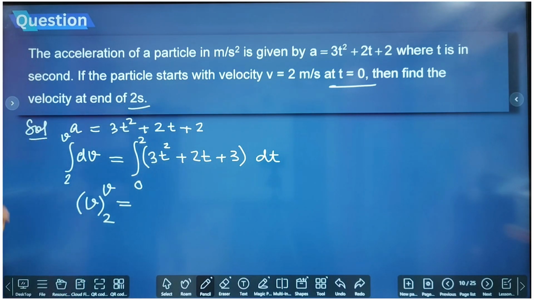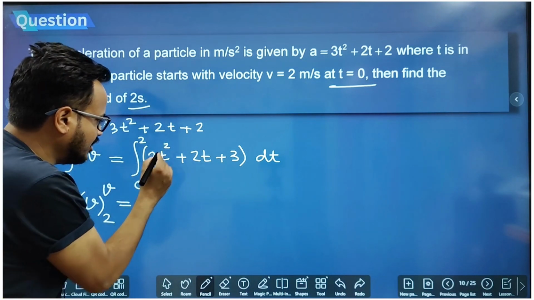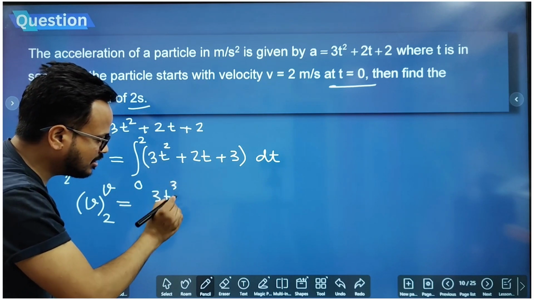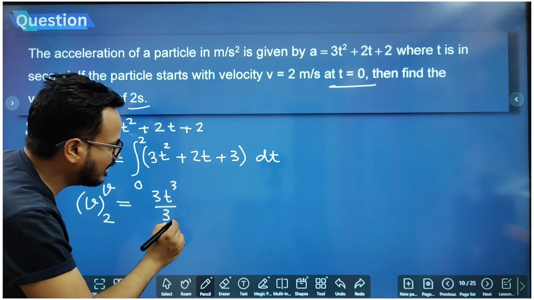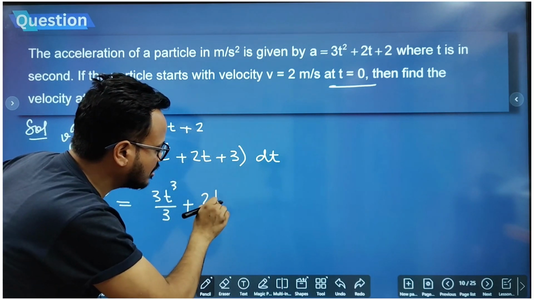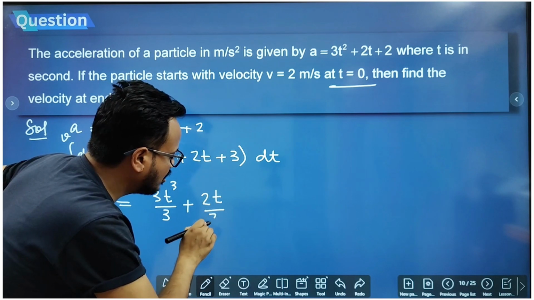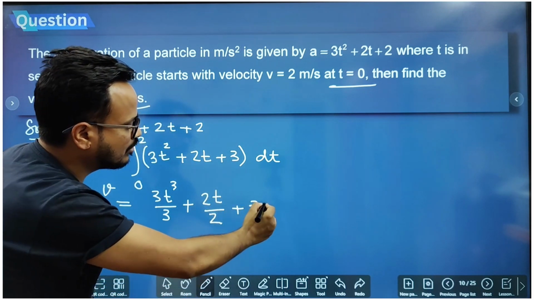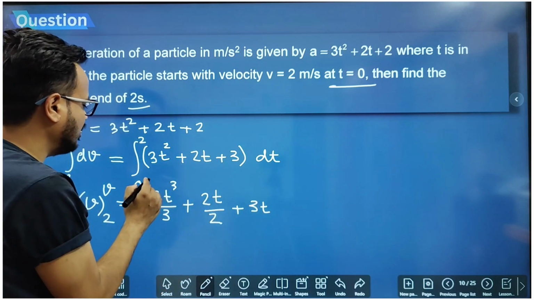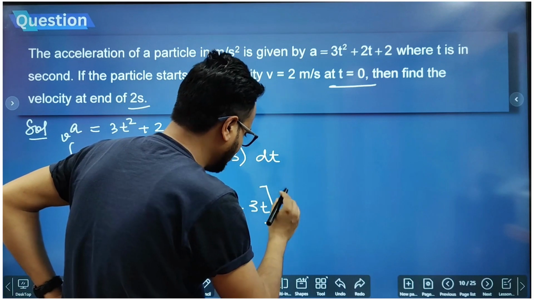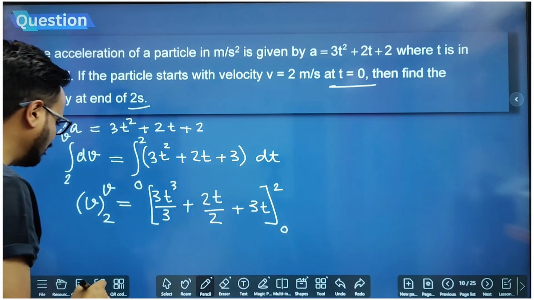What is the integral of this? 3t square, 3 into t square, the integral is t cube divided by 3, plus integral of 2t is 2t square by 2, plus integral of 3 is 3t, and put the limits as 0 to 2.